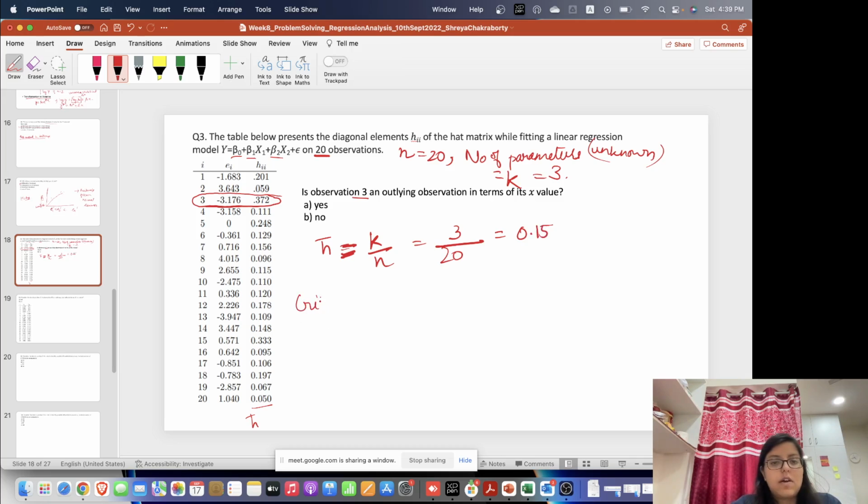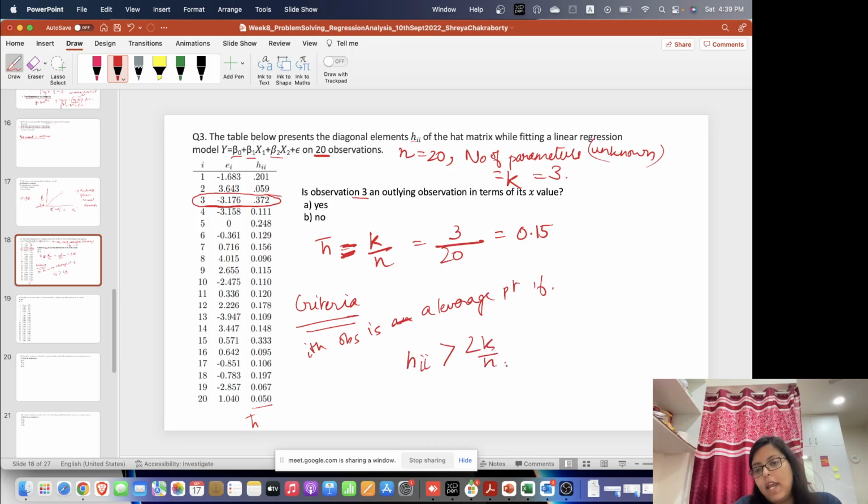And what was our criteria? Our criteria was: the ith observation is a leverage point if hii is greater than 2k by n. So here, hii is 0.372 and 2k by n is 2 into 0.15, that is 0.3.